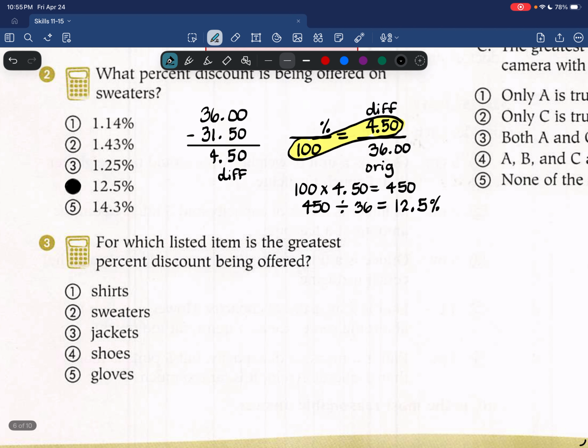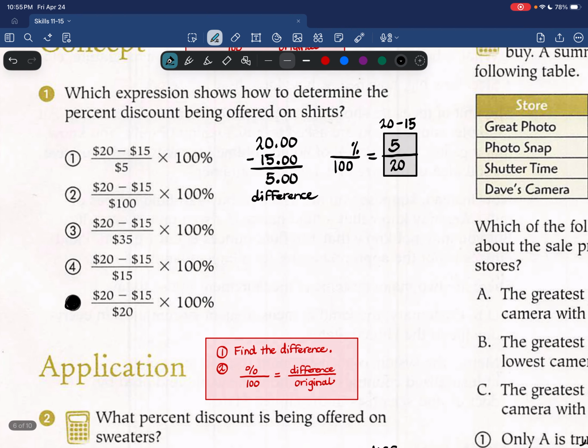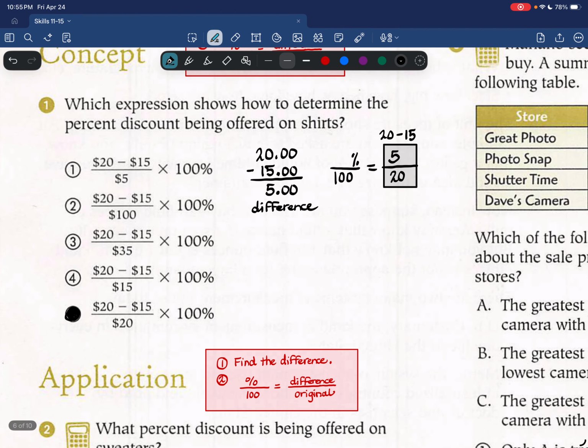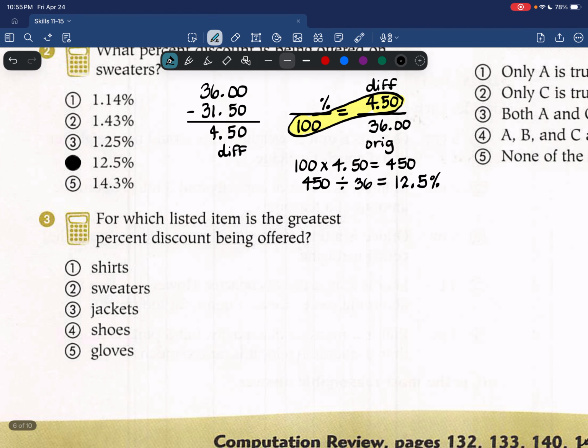For which listed item is the greatest % discount being offered? And this is a calculator question. So let's start with shirts. We already found that, well, we didn't really work it. So let me just do them all. It's good practice.